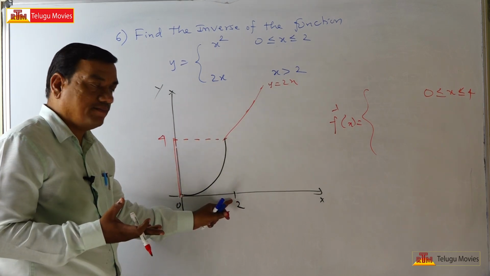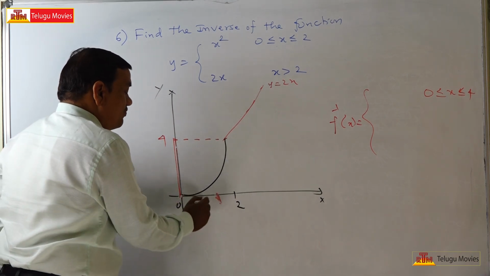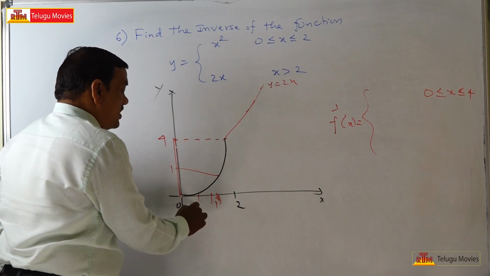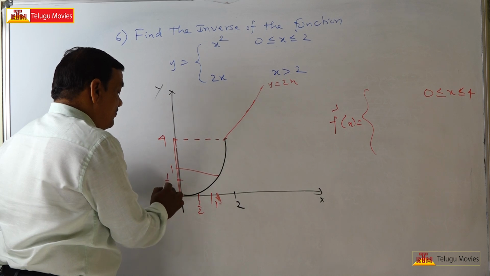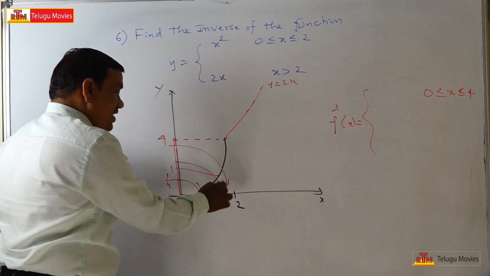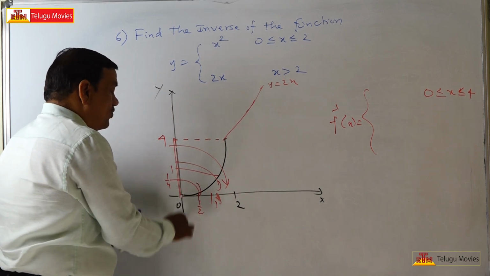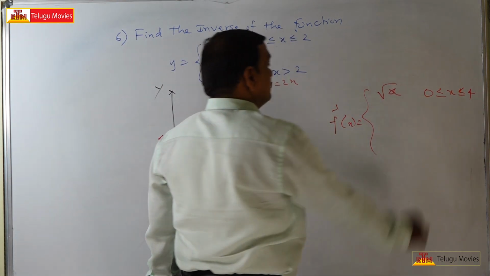Reverse the thing. If it is 1, you get 1. If it is 1 by 4, here you have to get 1 by 2. If you think in a reverse way, 4 means root 4, 1 means root 1, 1 by 4 means root of 1 by 4. So this is your root x.